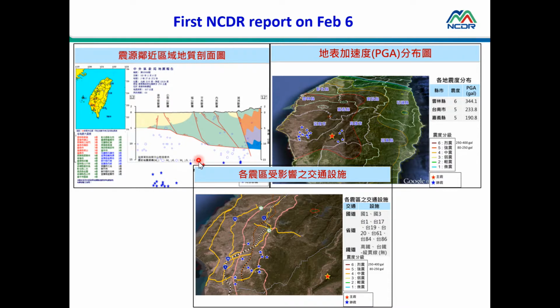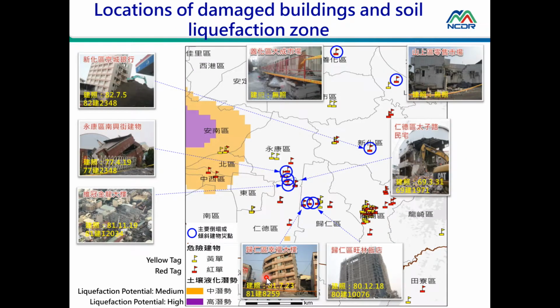We report the location of the hypocenter and also some aftershocks, and also show the geoprofile near the hypocenter. The intensity map also shows the most affected area, and we overlap the intensity map with the critical infrastructure to understand possible impact.